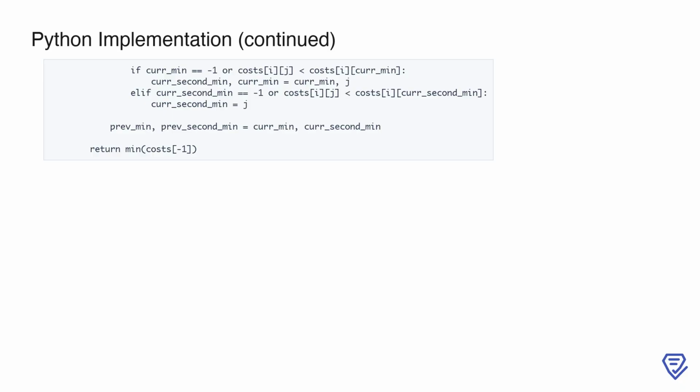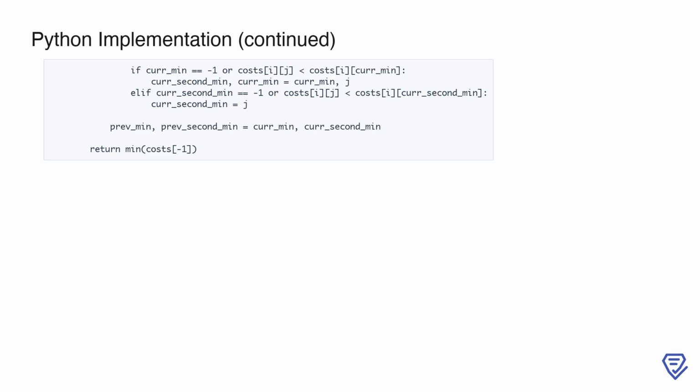If the current color matches the color with the minimum cost from the previous house, we add the second smallest cost from the previous house to avoid using the same color consecutively. Otherwise, we add the smallest cost. As we update the costs for the current house, we also update cur_min and cur_second_min by tracking the smallest and second smallest values in the current row.